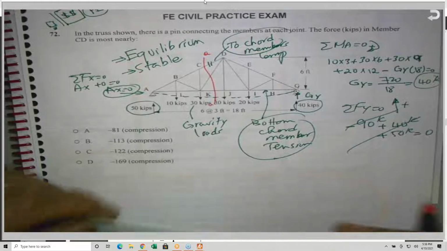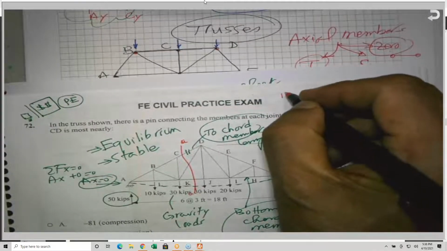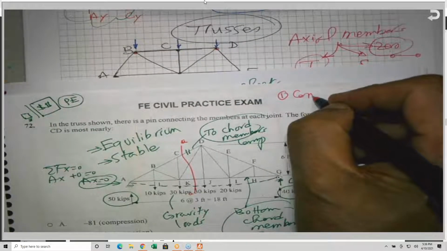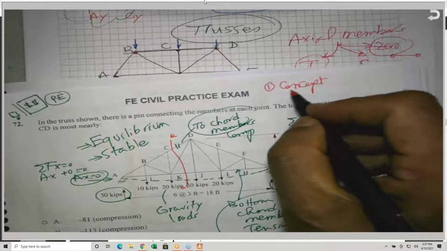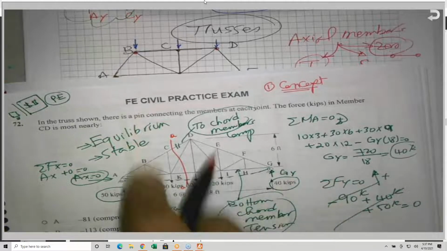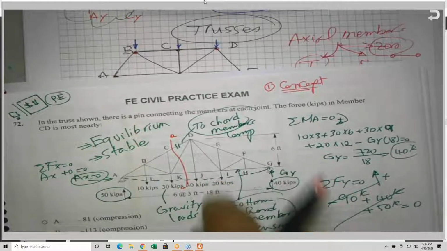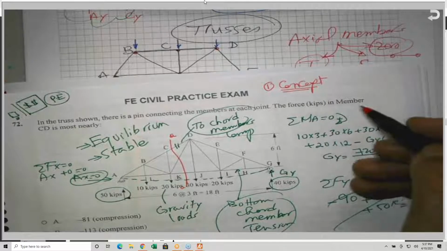Number 1, you need to understand the concept very well. I always stress the concept, because when you go to the exam, you will find a completely different problem that does not exist in any book. But if I understand the concept, it doesn't matter.